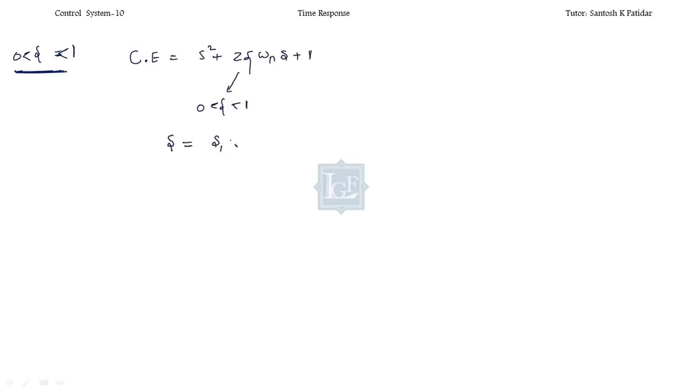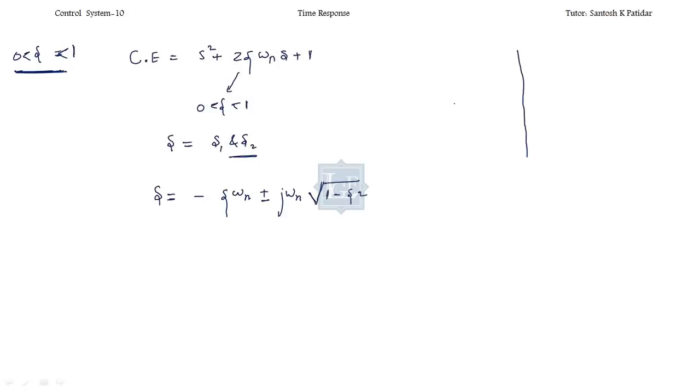Let's take s1 and s2. Definitely you will get 2 only, because the order of the equation is 2. So when you solve the equation, you get the poles as minus zeta omega n plus minus j omega n square root of 1 minus zeta square. So you are getting complex roots for this range.